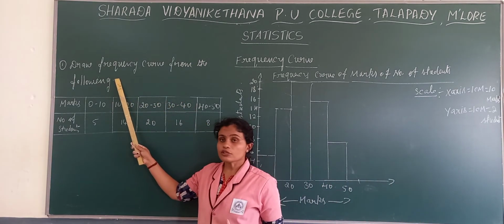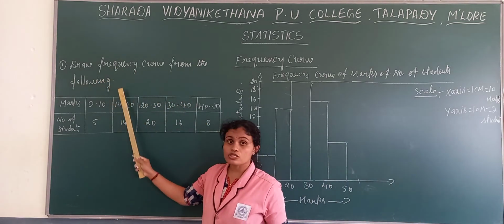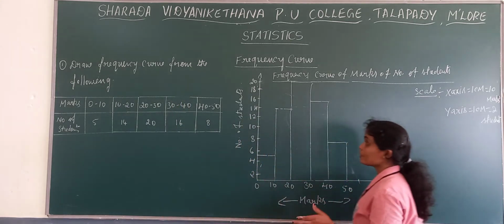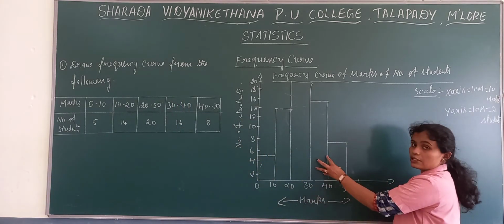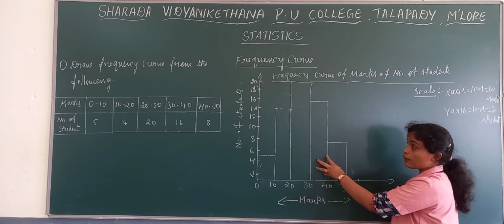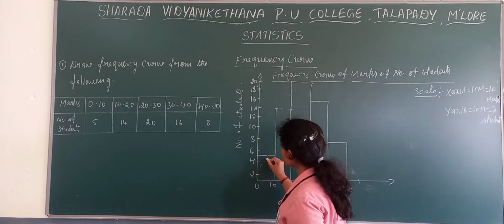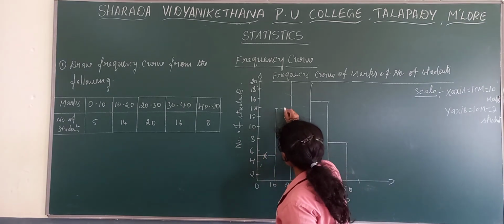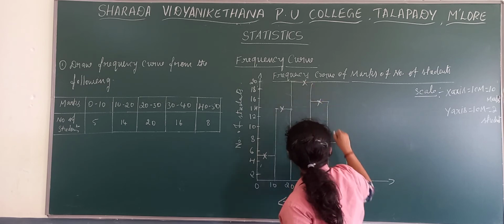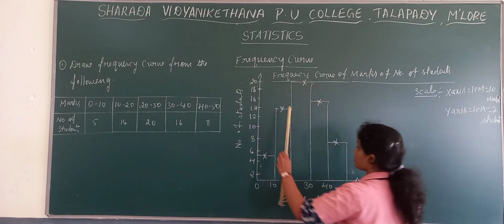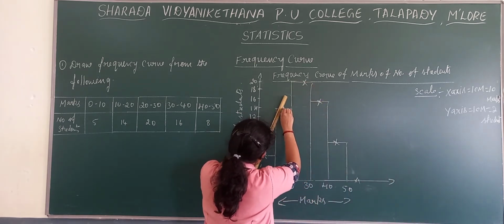If you get a question like draw a histogram, frequency polygon and frequency curve, firstly you need to draw the histogram, then the frequency polygon: as I said, join the midpoints using the scale.